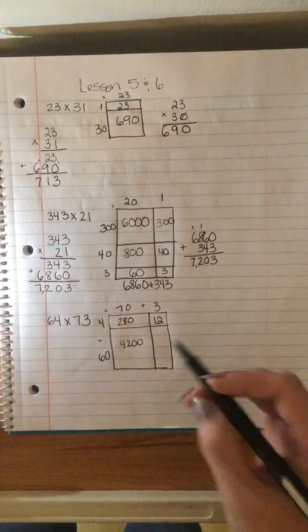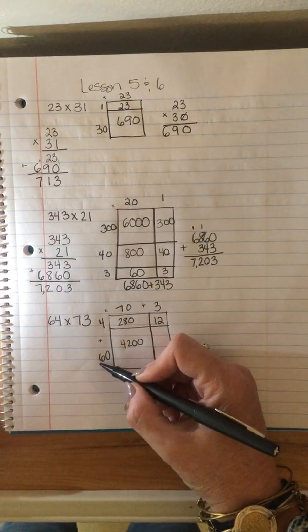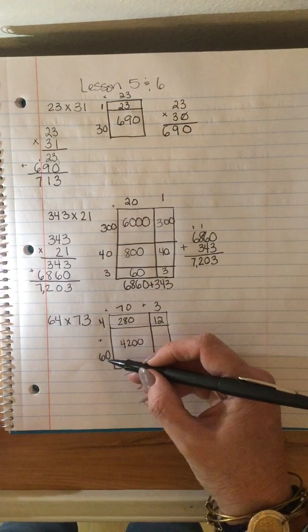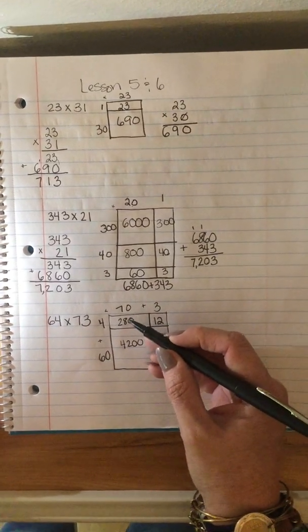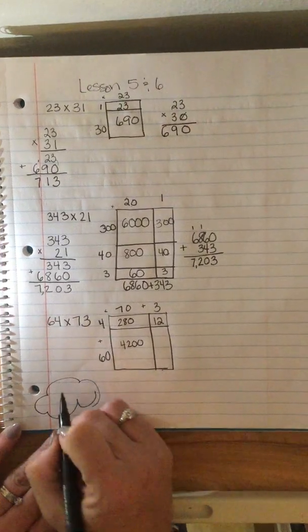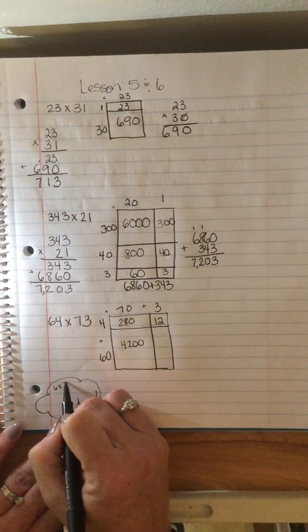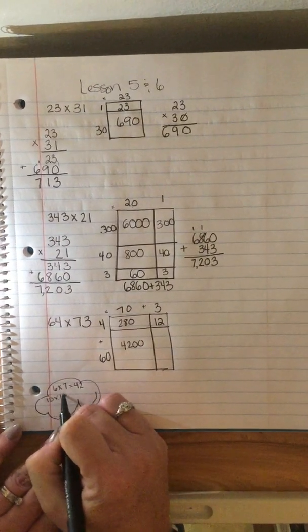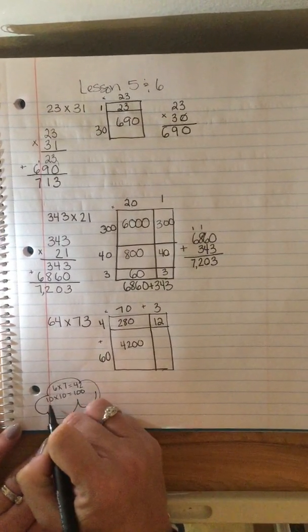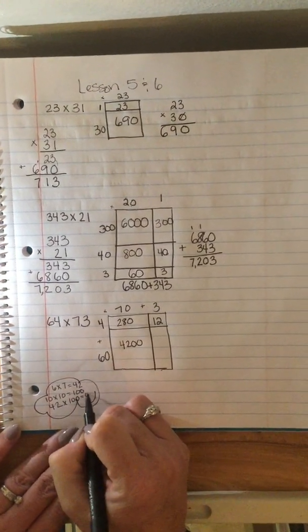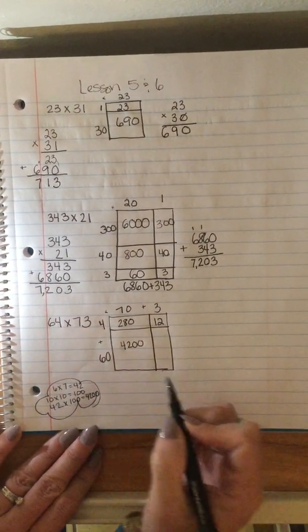Well, my friends, I know that 6 times 7 is 42, and I know that 10 times 10 is 100. So in my little think bubble here, I can say 6 times 7 equals 42, 10 times 10 equals 100. 42 times 100 equals 4,200.